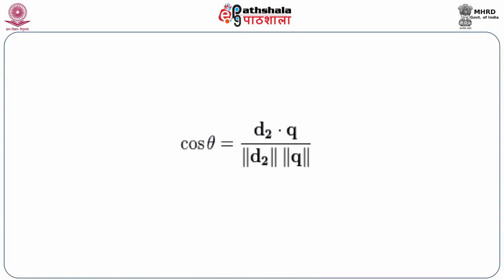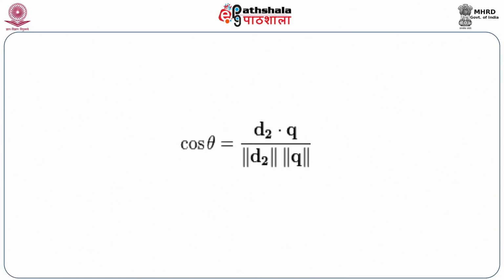In practice, the cosine of the angle between the vectors is calculated with the following equation: cos theta is equal to the dot product of the document vector dj and the query vector q, upon the mod value of the vector dj multiplied by the mod value of the vector q.